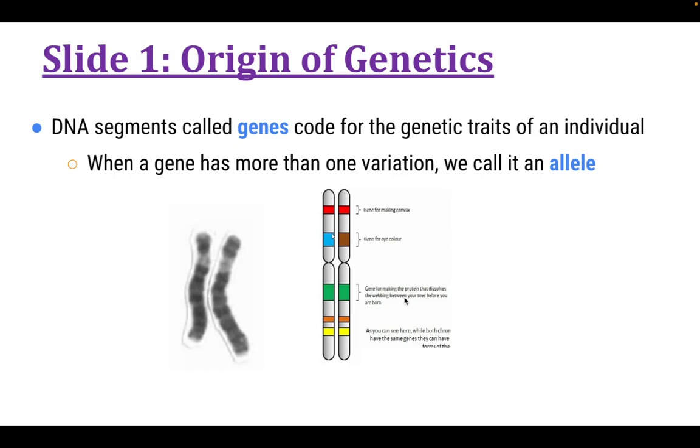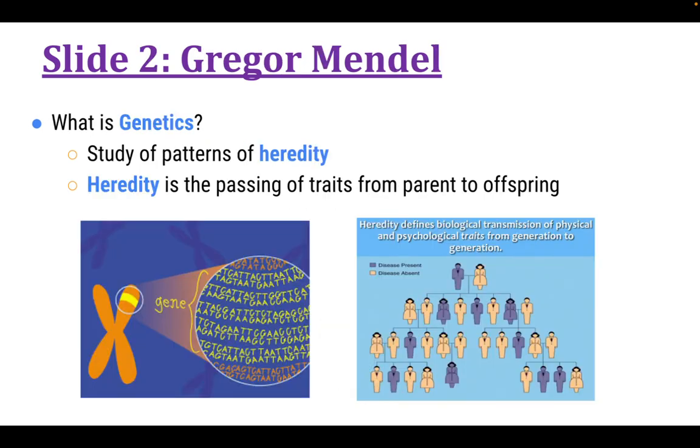If a gene is always present on a chromosome in the same form, there's not going to be any variation, so we don't have to do any predictions based on whether or not the offspring will express that gene. But if there is a variation in a gene, that's when we call it an allele. This could include hair color, eye color, and other traits that are unique among us.